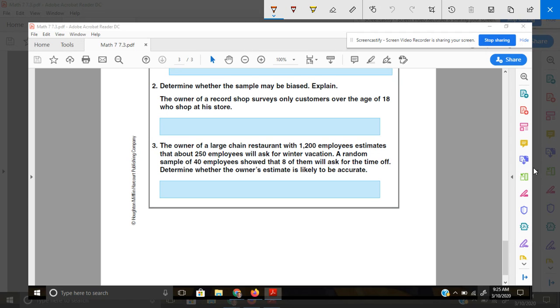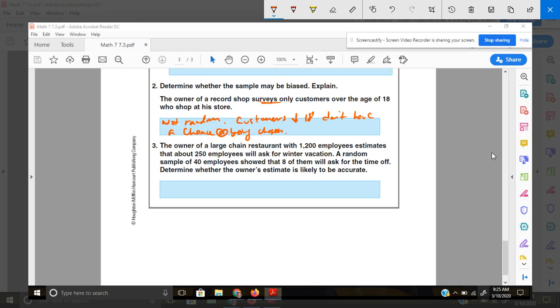Well, this is not random, because customers under 18 don't have a chance of being chosen for that survey. And chances are there are people under 18 who might go to that shop. So that is definitely not random, and it does show some bias.